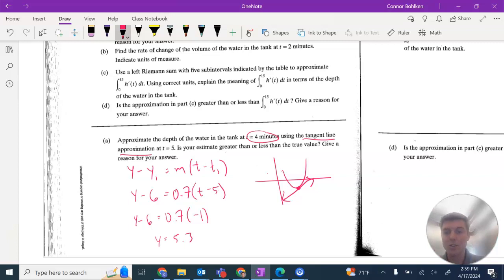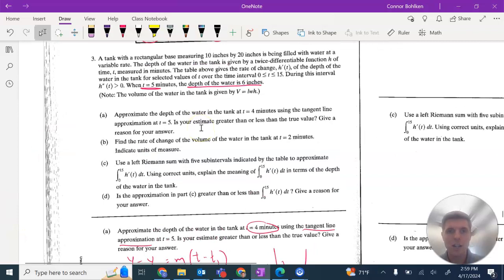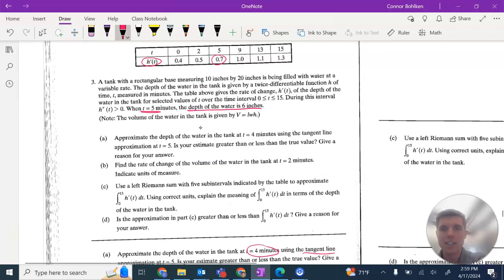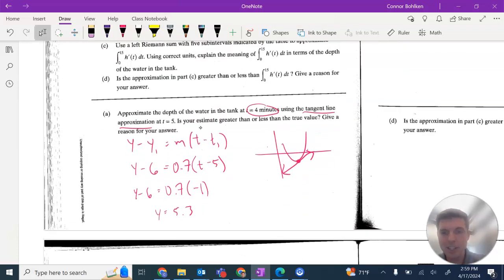And that's usually either told to you or you have the tools to find it. And in this case, it's told to us. The problem says, during this interval, h double prime is greater than 0. That means it's concave up. So since it's concave up, my line is always under, so it is an underestimate compared to the true value.